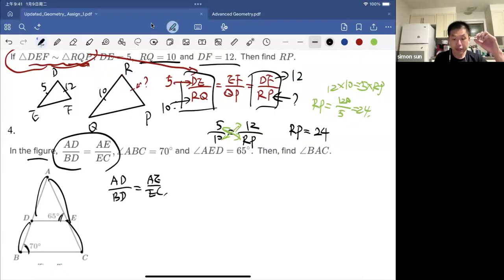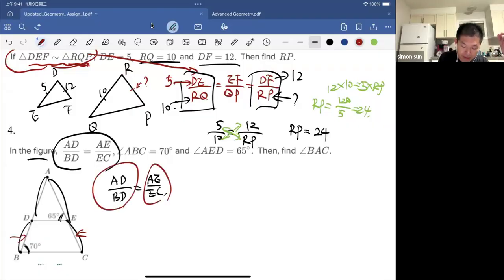If you take a look at the sides and angles on the graph, you may say, okay, BD and EC are not even in any triangles, right? But if you just take the reciprocal on both sides, BD over AD will be equal to EC over AE, right?